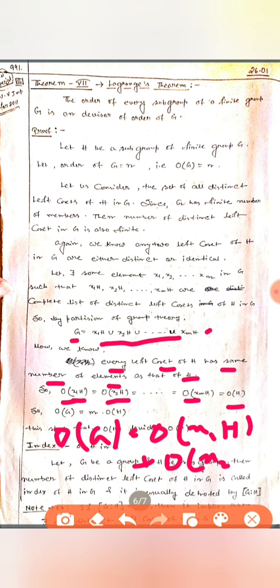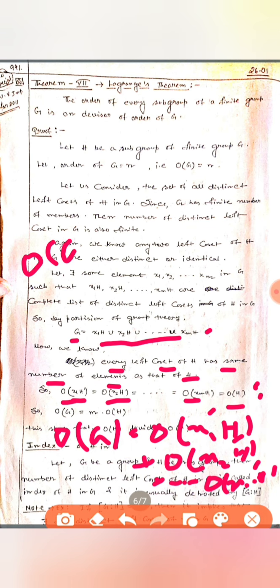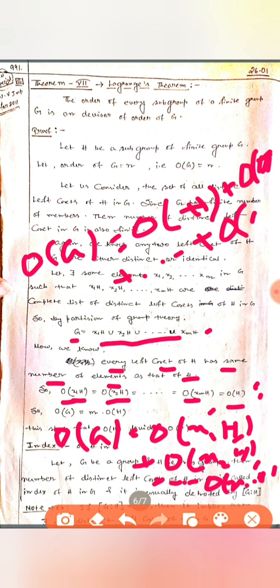So we can write the order of G as the order of x1H plus the order of x2H plus dot dot dot plus the order of xmH. Here the order of x1H is O(H), the order of x2H is O(H), and the order of xmH is also O(H). So order of G equals O(H) plus O(H) plus dot dot dot O(H), m times, as there are m left cosets.